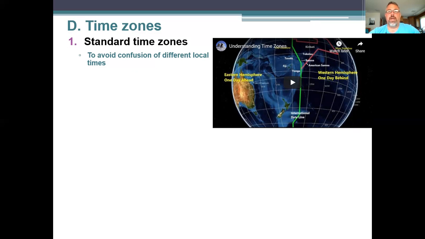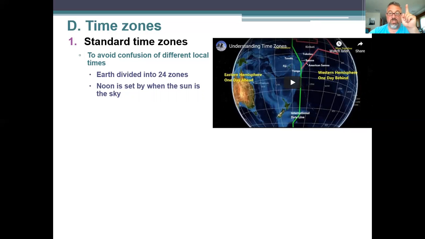If we divide our Earth into 24 regions and then figure out how much area each covers, then we can set high noon in each region by where the sun is directly over that region in the sky. Now, to be honest with you, it's in the middle.